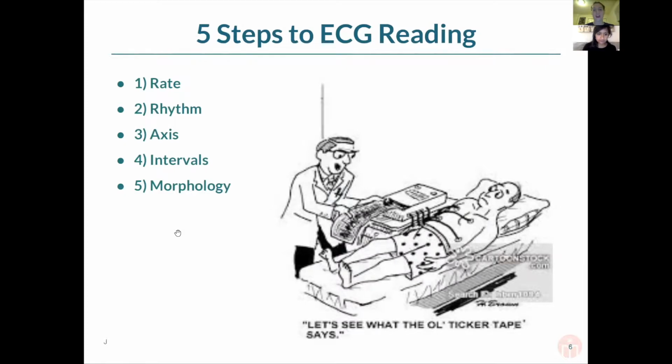In fact, I always recommend students or anyone that's learning to read an EKG to have a method that you always apply anytime you're looking at an EKG. That way you'll remember exactly what you need to look at, and you'll follow each EKG the same way so that you don't ever miss something important, like you don't forget to check the axis or the intervals, which all those little pieces can be key to making sure you identify all the important aspects of reading an EKG.